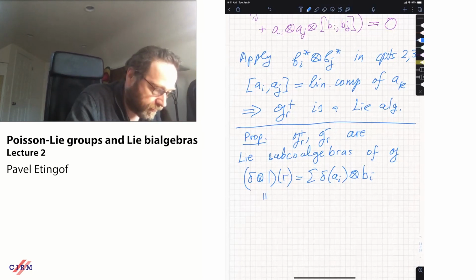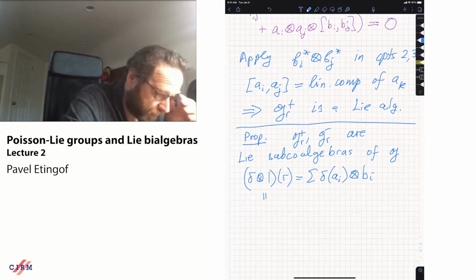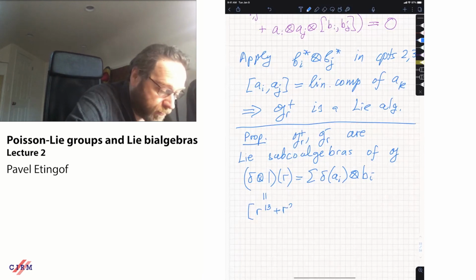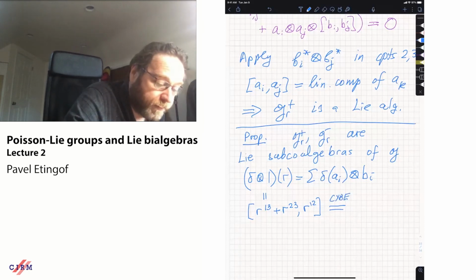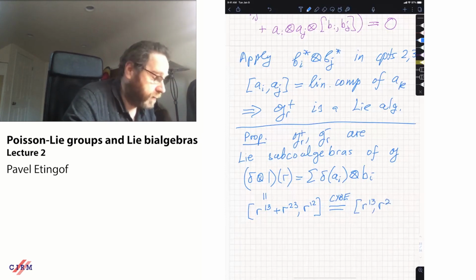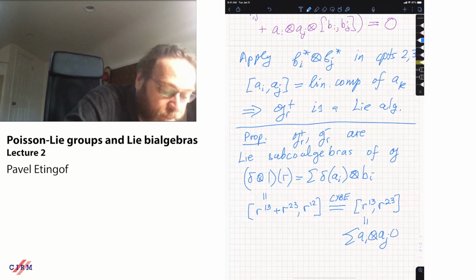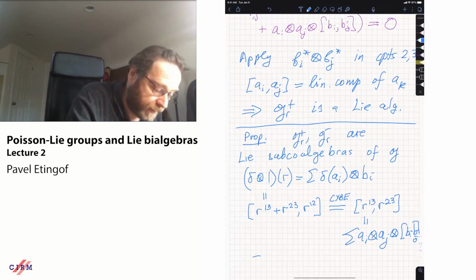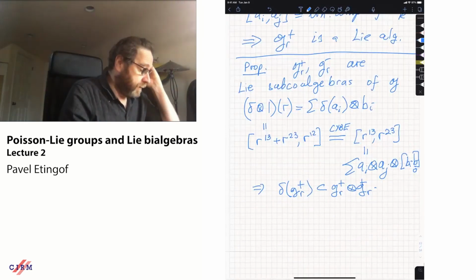Well, we have to commute the first component with R plus the second component with R. So that turns out to be R13 plus R23 commutator with R12. And by the classical Yang-Baxter equation, this is the same as R13 commutator with R23. And so this is the sum of AI, AJ tensor commutator of BI, BJ. And this shows that delta of GR plus is contained in GR plus tensor GR plus. Cool.